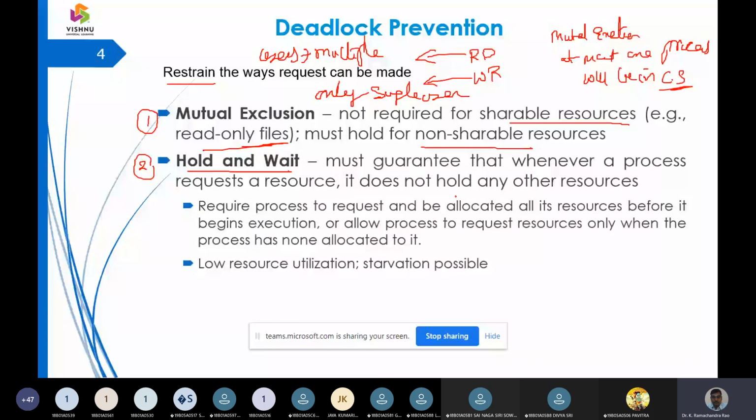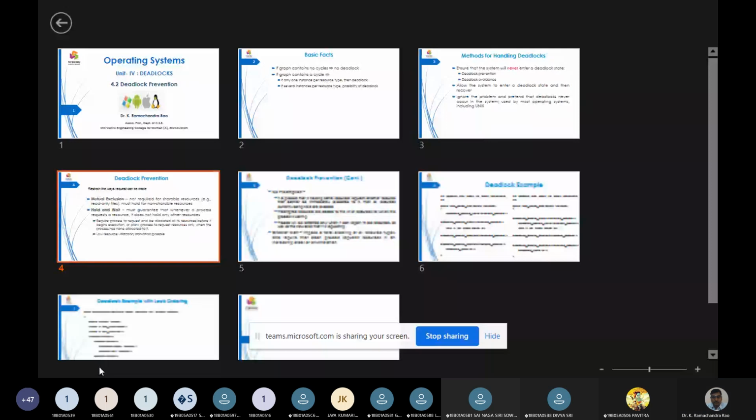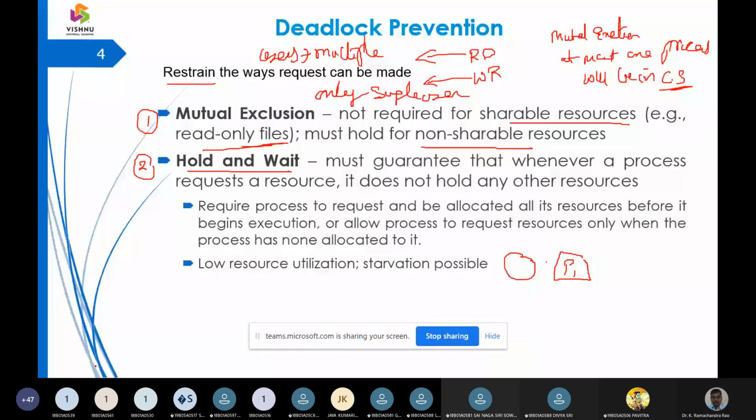As per the definition of hold and wait, there is a process P1, and P1 will be represented in the form of a circle, whereas resources will be represented in the form of a rectangle, and every rectangle is going to have some instances.